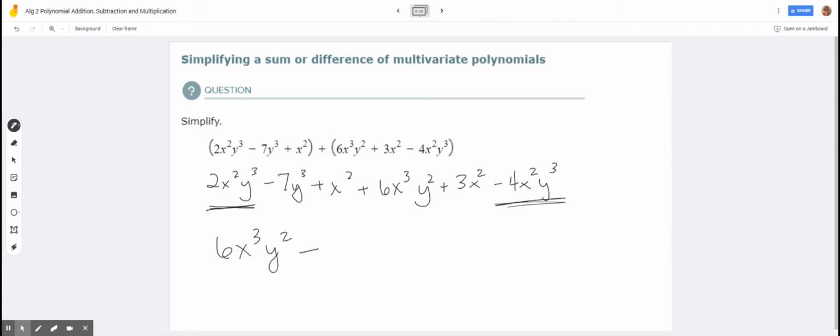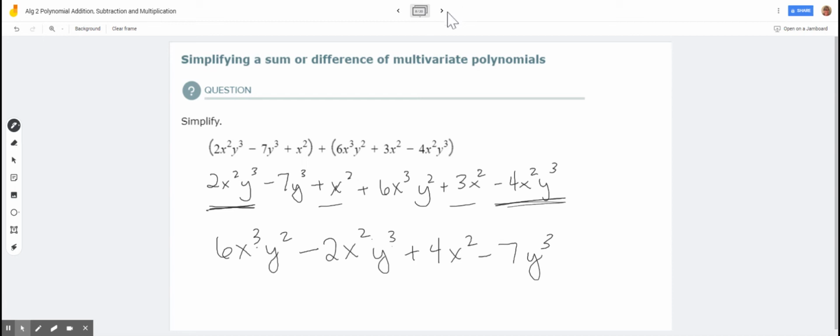So I'm going to go minus 2x squared y cubed. See, we're going down in x's. Okay, then I think I'm going to go to the x squareds, because that's alone. I've got 4 of those. I got 1 here and I got 3 there, so I got 4 of these guys. And then I'm going to go minus 7y to the third.